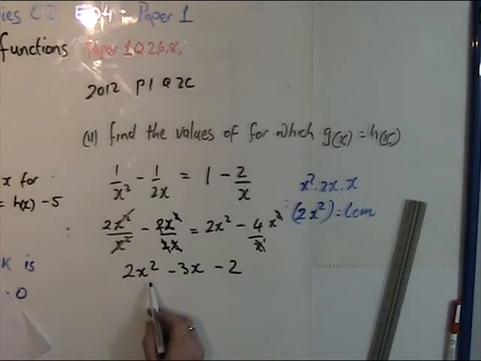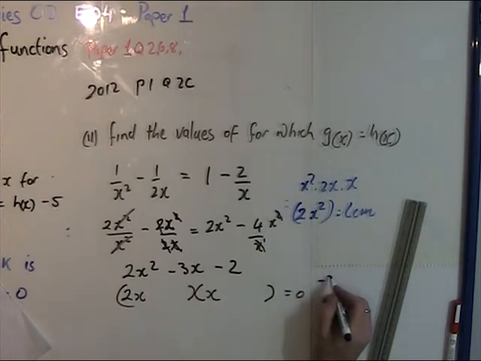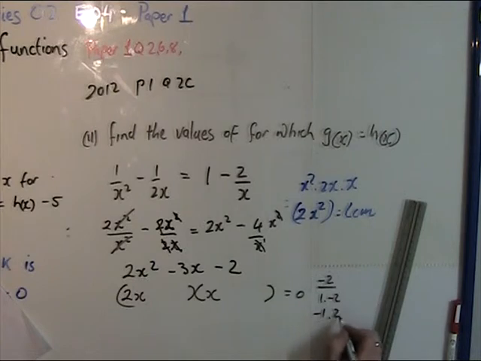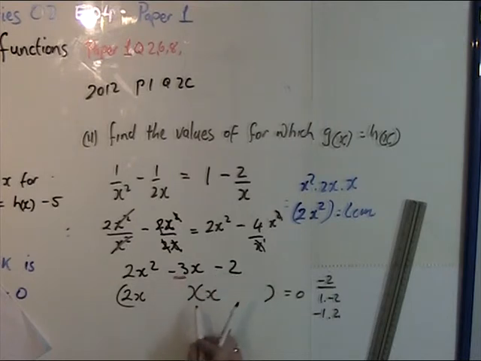It's a quadratic, so I have to factorize the 2x squared. Now this is a bit more difficult on a quadratic, and I'm looking at the factors of minus 2, the last term. The factors of minus 2 are 1 by minus 2, and minus 1 by 2. Right, now I'm looking where to slot. The coefficient of the middle term is minus 3. I'm looking at the factors of minus 2 that, when added, will give me minus 3x.